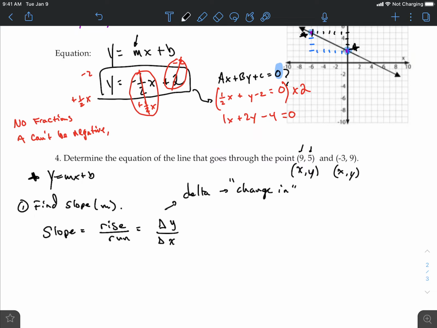Now, this is I think the part you haven't seen before. How do we measure the change in something? If I put delta T, how would you find the change in temperature, for instance?